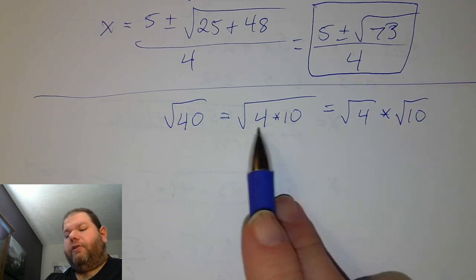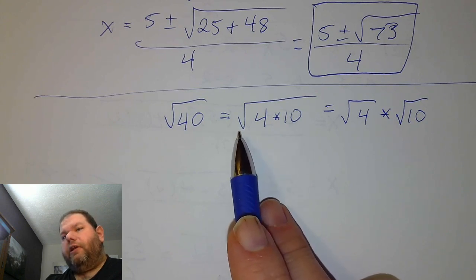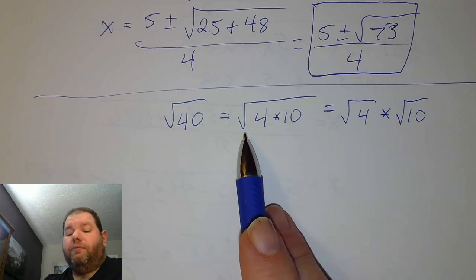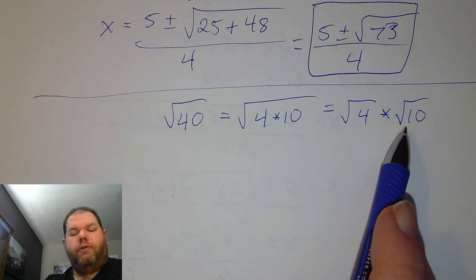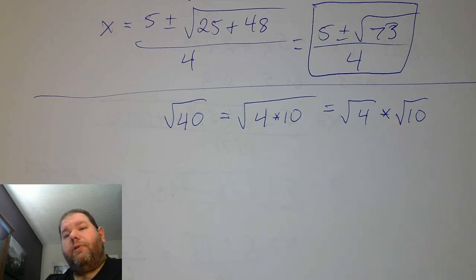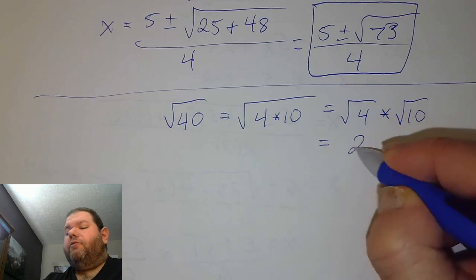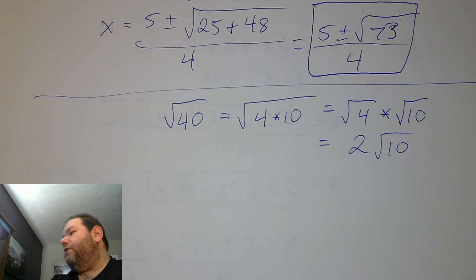So basically the square root, I guess we could say it distributes over multiplication. So basically the square root of a product is equivalent to the product of the square roots. It's not always true about all operations, but we know this one in particular does work. And so that'll end up giving us a 2, and then we'll still have a square root of 10.